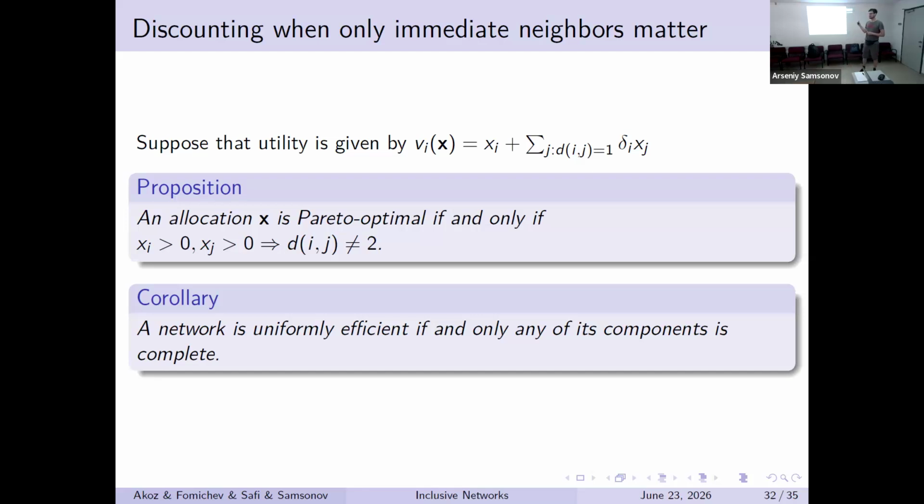So a corollary is that if you want to give dollars to everybody, then it's going to be Pareto efficient in this setting if and only if the graph is complete. If the graph is complete, then this problem never appears. We give money to people, and there is no spillover, like we just discussed with Ziv and Yoav.